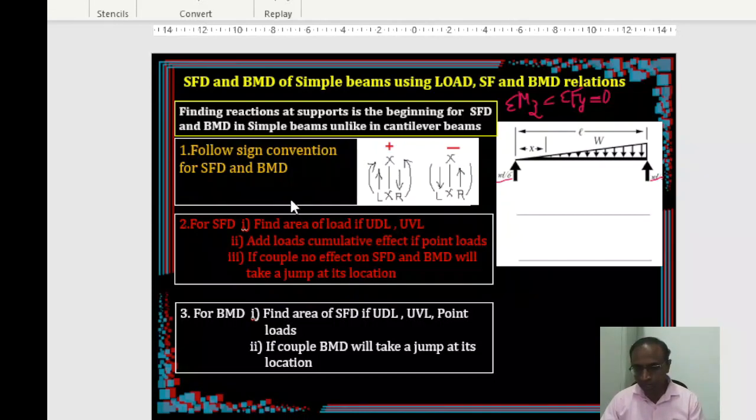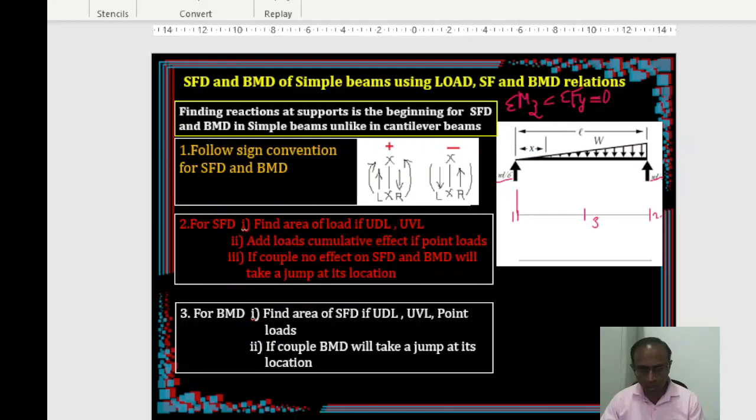Now let us start. Now follow the sign convention. So for constructing the shear force diagram, you take at least minimum 3 points as mentioned earlier. So first point here, second point here, and third point at our convenience, wherever we are interested, you can take any third point. Okay, so taking that, at first point, you already have some kind of vertical component here, you represent that. So that component is say WL by 6, right?